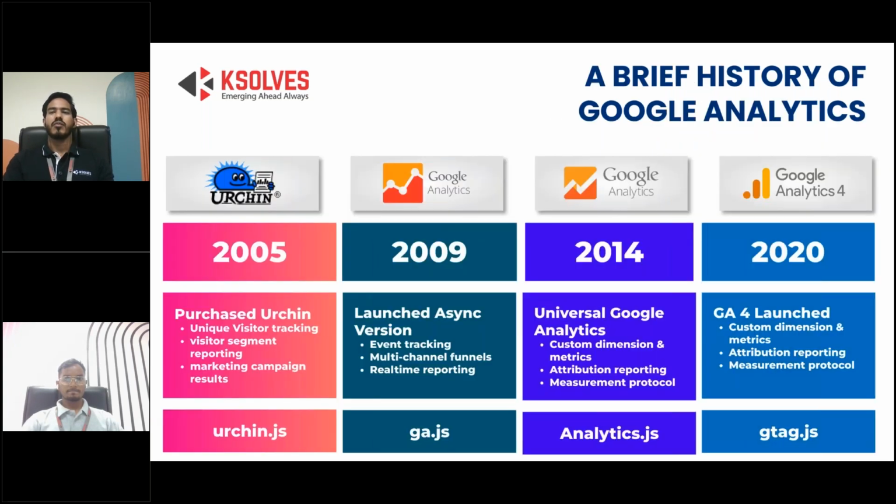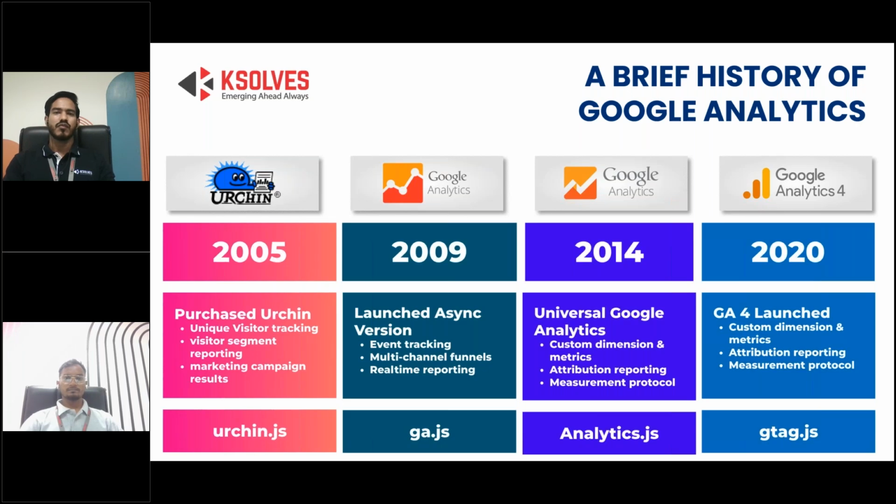Next, we are talking about the Google Analytics history. Even before Google was founded, there was a company called Urchin, established in 1995. They introduced a tool used to track website traffic, and Urchin became very famous in the early 2000s.